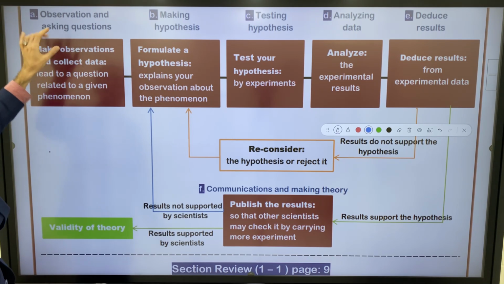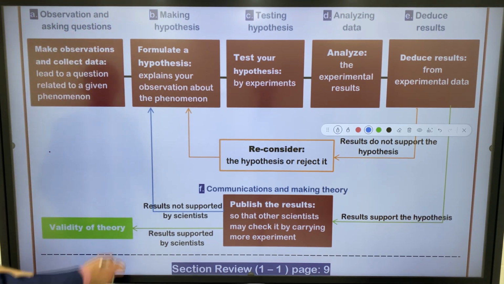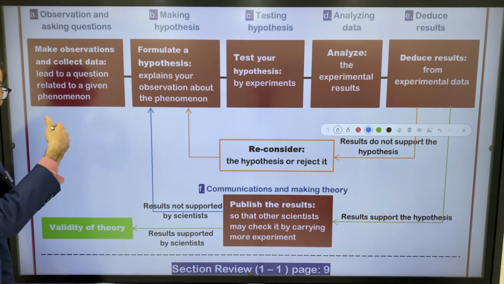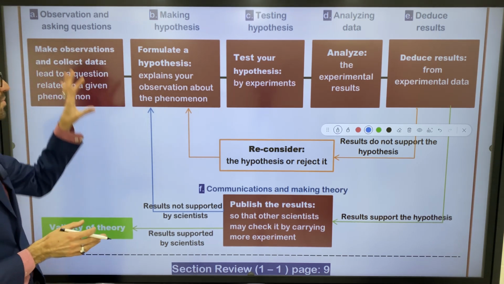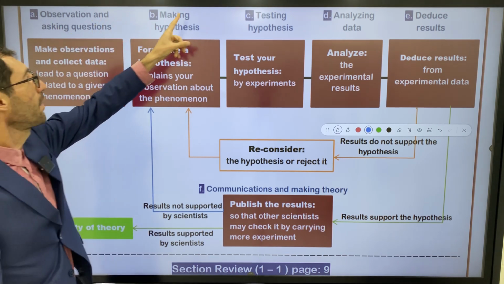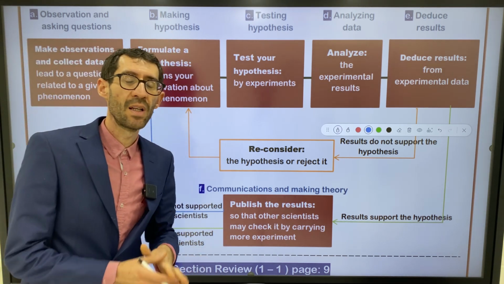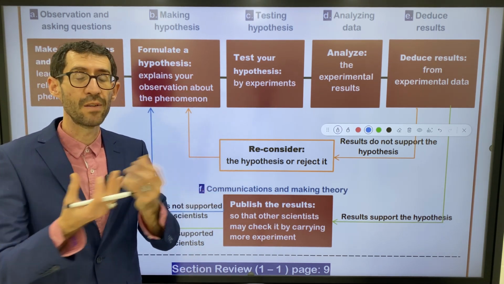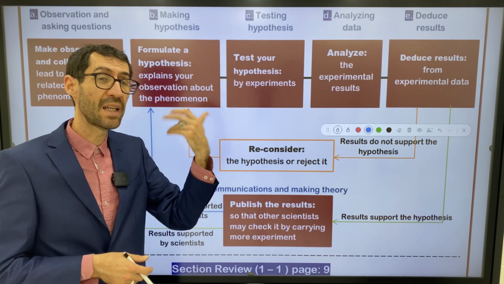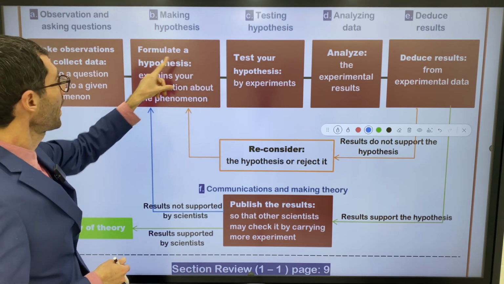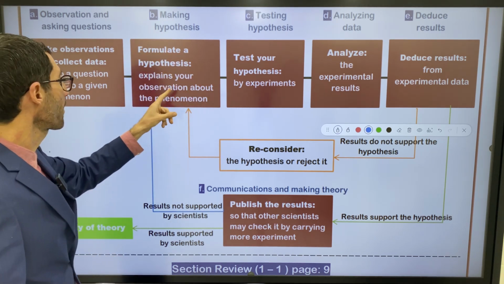The first step is observation and asking questions, collecting data. The second step is making a hypothesis after you observe the phenomena. After you collect information, you formulate a hypothesis.